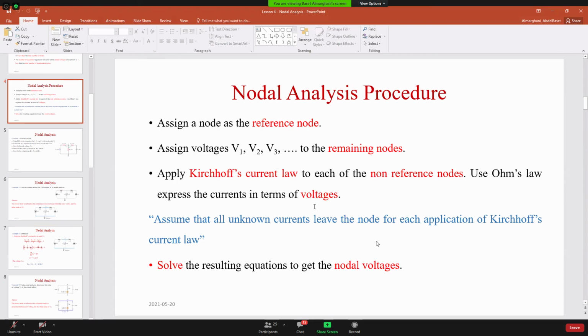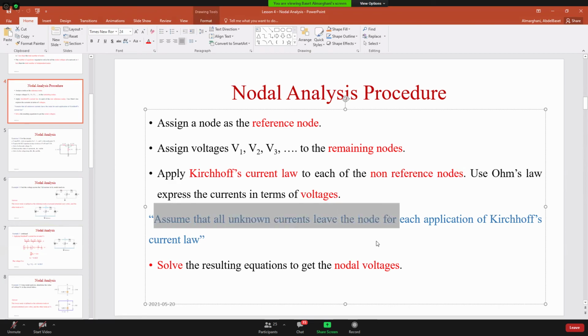So voltage divided by the resistance. Assume the unknown currents are leaving. That's easier for you. So if you don't know the current in a branch, assume it's leaving. If the current is known and given, you can't assume it leaving or entering. You have it as direction and you have it as value.